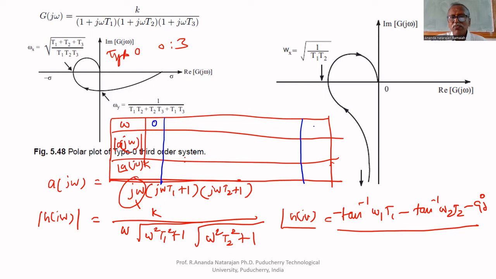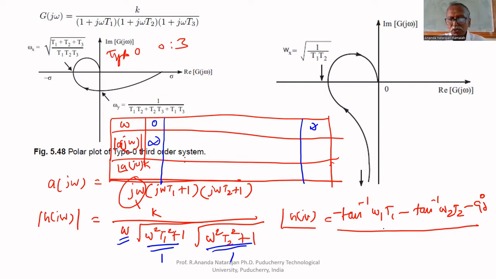First we have to find the values for 0, then for infinity. For omega equal to 0, substitute 0: this becomes 1, this also becomes 1, and this becomes infinity. That's why the magnitude is infinity. For a type 1 system, the magnitude is infinity.